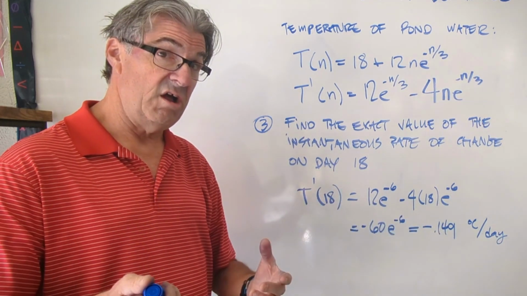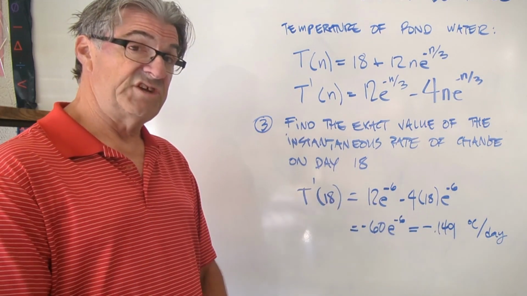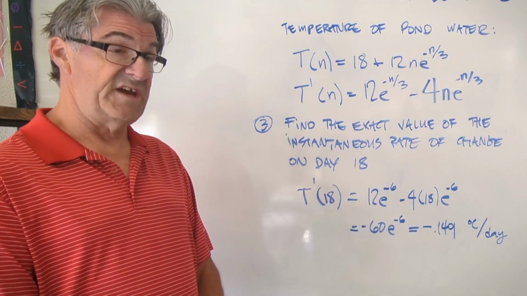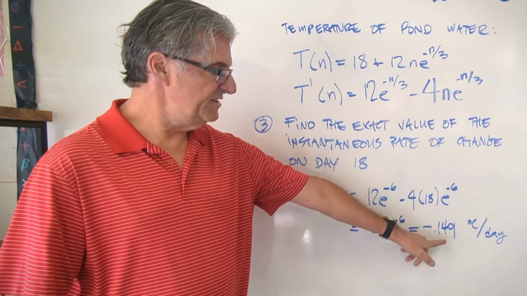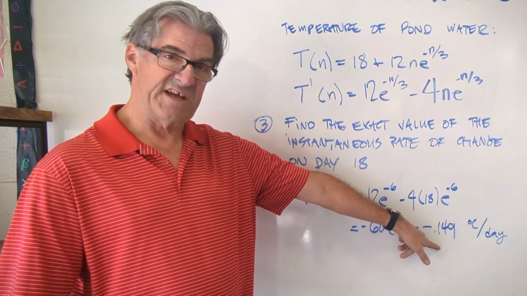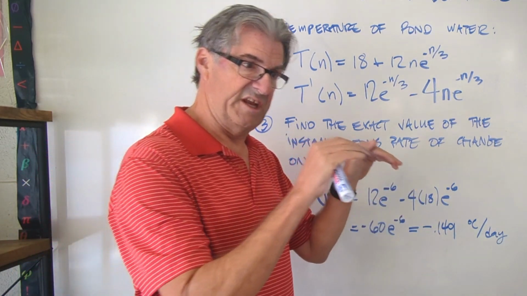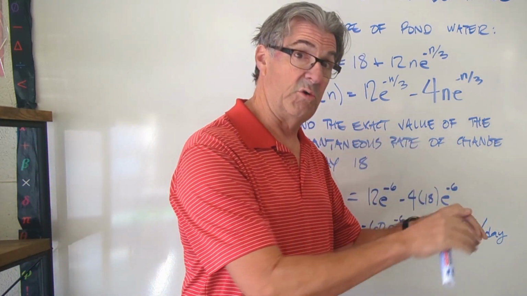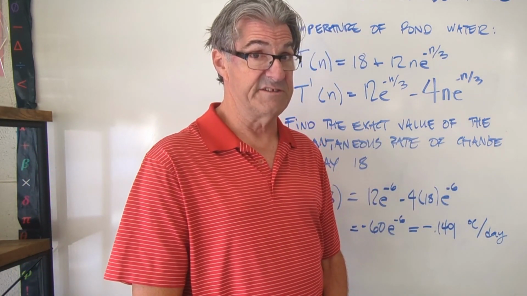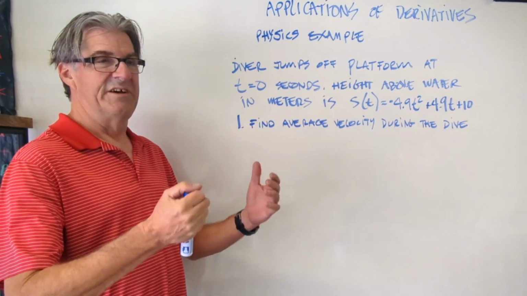Now, if you recall, our average rate of change was 0.0297 degrees per day. So it's increasing faster and faster. So this pond is probably moving into winter where it's getting colder and colder and colder, and it's getting colder at a quicker rate.